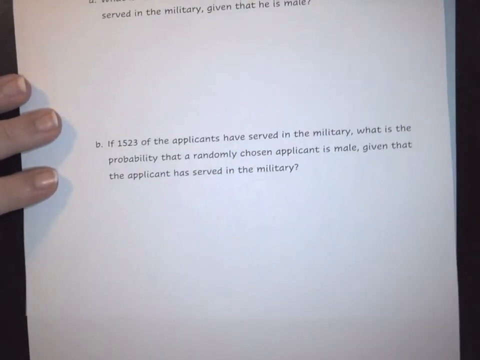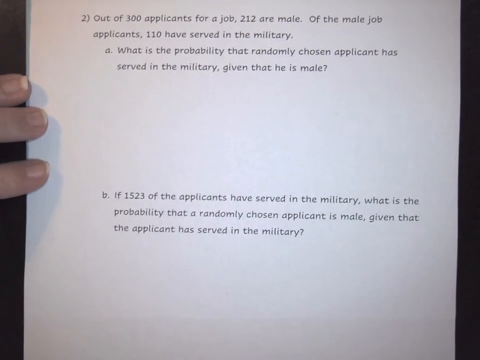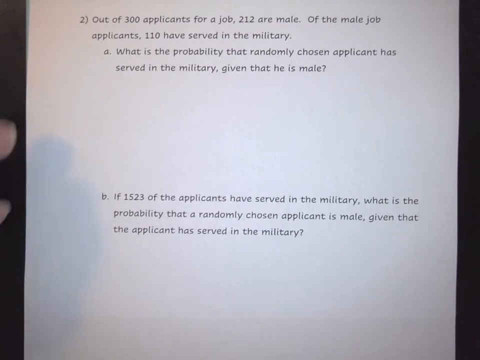Okay. Now let's look at another one here. Out of 300 applicants for a job, 212 are male. Of the male job applicants, 110 served in the military. The first thing we have is, what is the probability that a randomly chosen applicant has served in the military given that he is male?